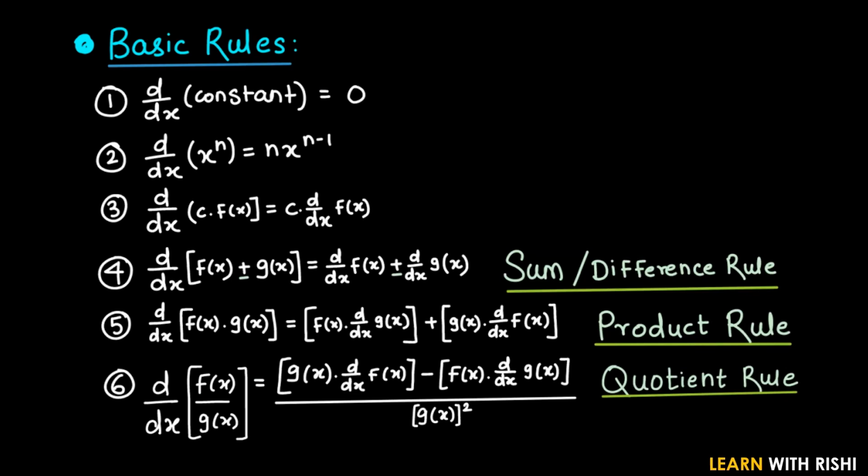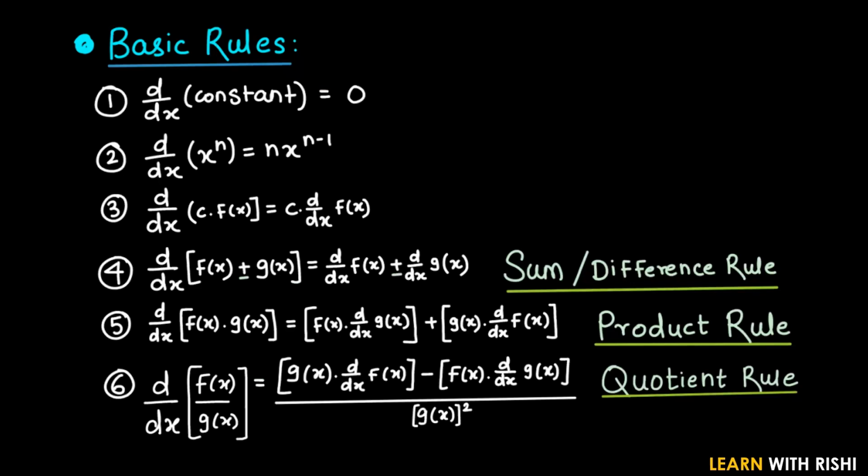That constant will come outside and it will be c into the derivative of that function. Then we have the sum difference rule, product rule, and quotient rule. In the sum difference rule, if you have the derivative of one function plus another function, then both functions get separated. The derivative of the first function is solved separately plus the derivative of the next function is solved separately. Same for the sum and same for the difference.